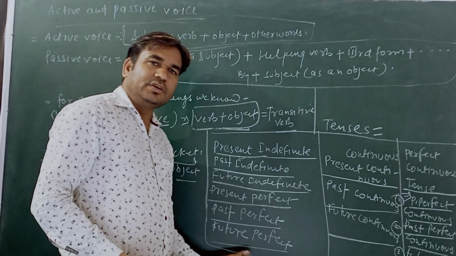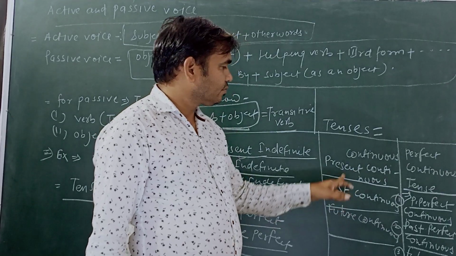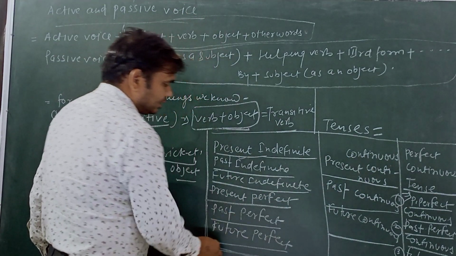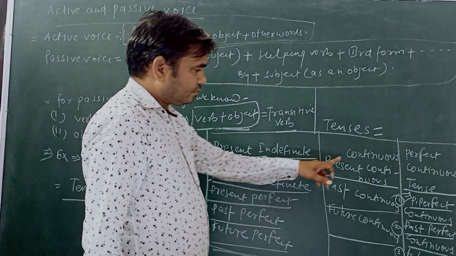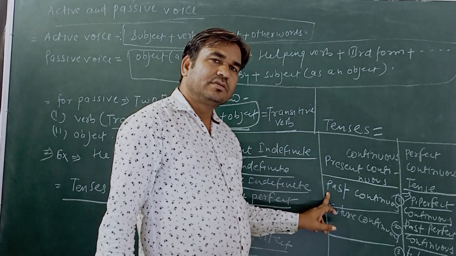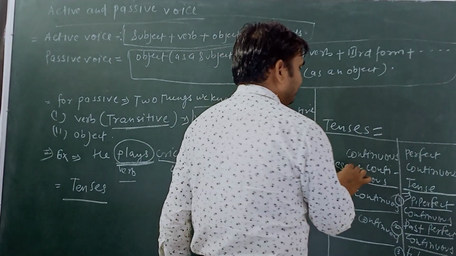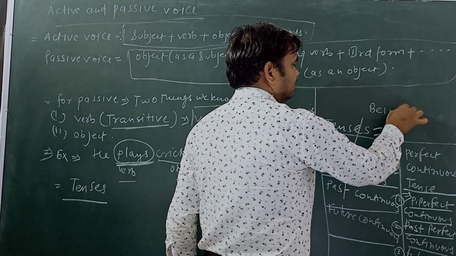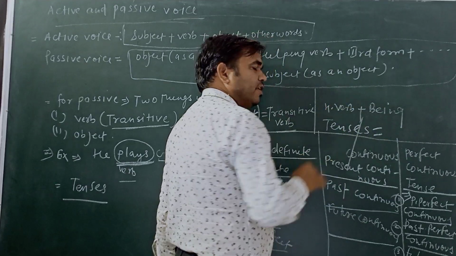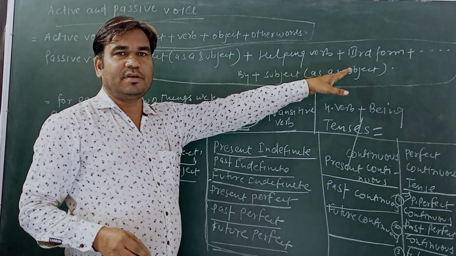So for this you should realize, and here we talk about continuous tense. Here, present continuous and past continuous, you have no change, but you have to add being: verb plus being, it means helping verb, plus third form, that is the general composition given for passive voice.